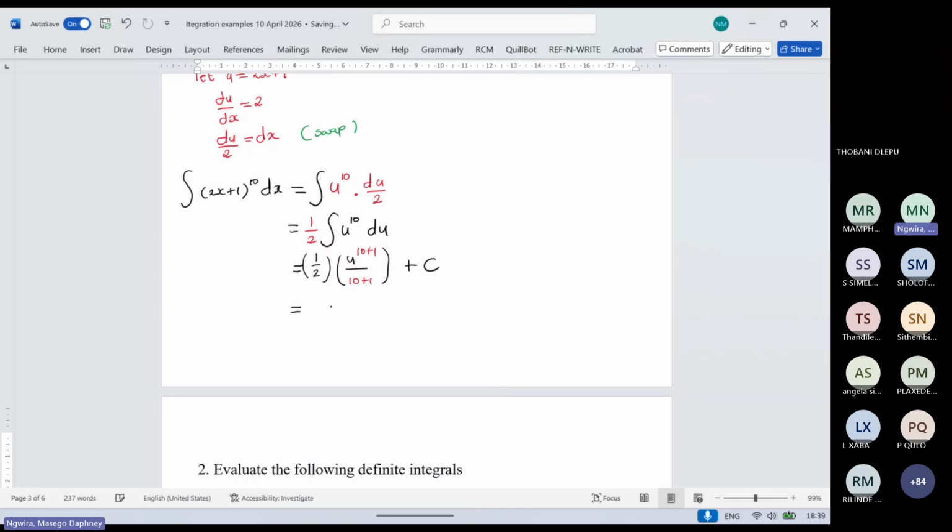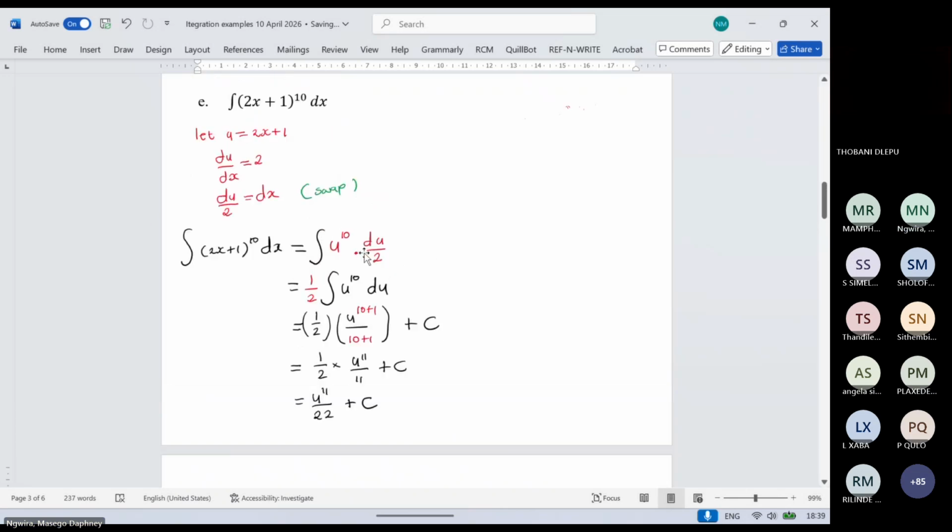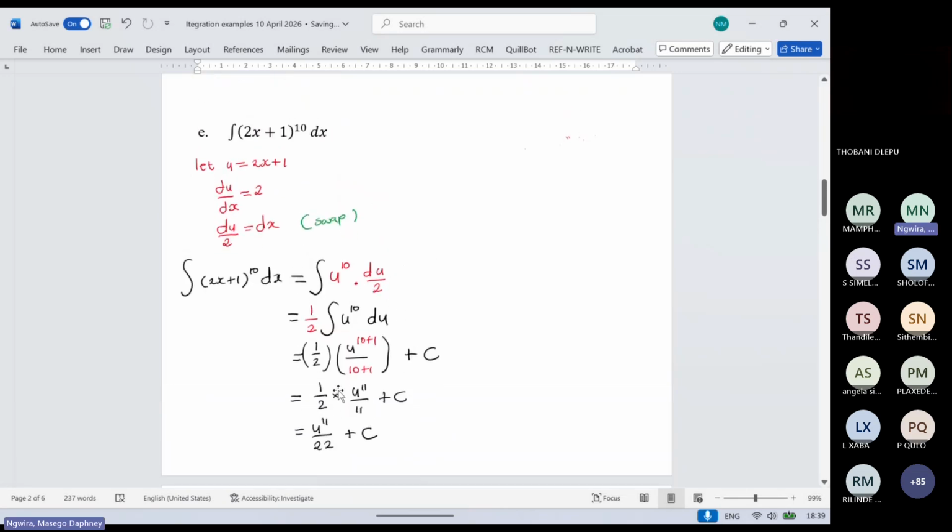And now I'm going to have 1 over 2 times, the bracket means we multiply, u to the power of 11 over 11. Then we multiply these, plus c. 1 times u to the power of 11 is u to the power of 11. 2 times 11 is 22. Then plus c. I hope that is clear. When you multiply fractions, you multiply the numerator with the numerator, the denominator with the denominator.